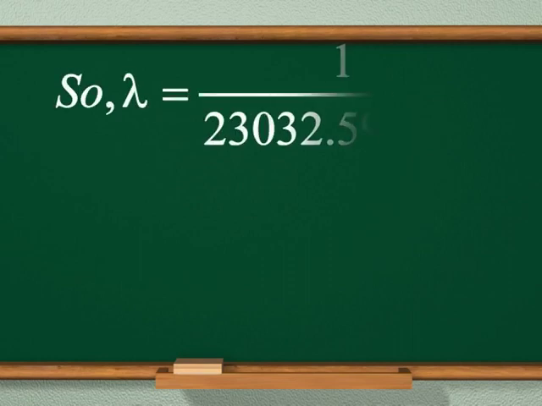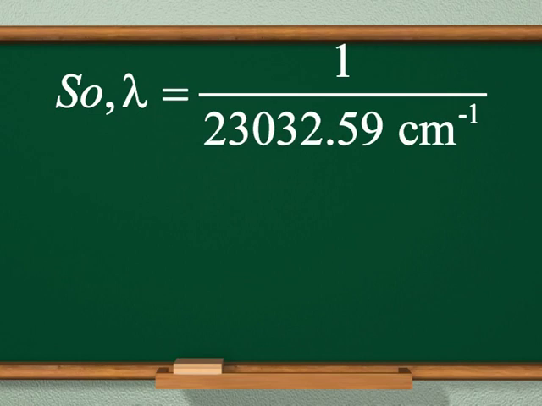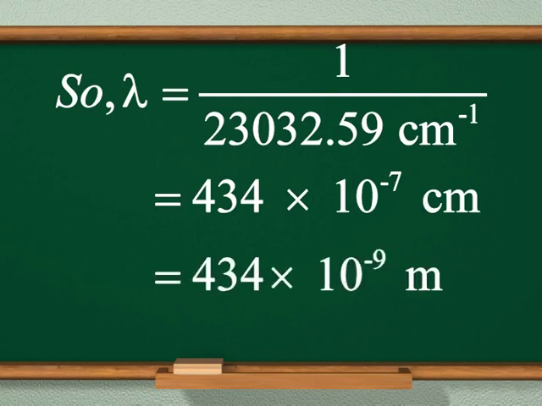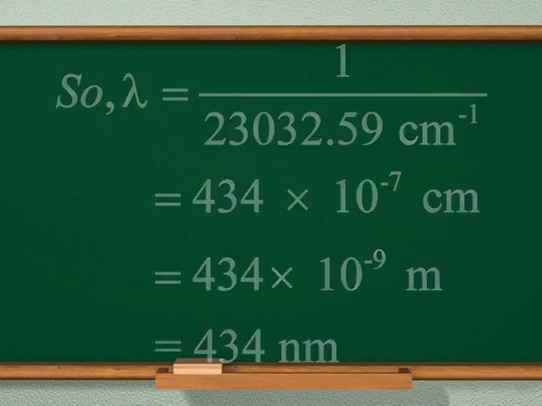So, lambda is equal to 1 upon 23,032.59 centimeter inverse. It is equal to 434 into 10 raised to the power minus 7 centimeter, which is equal to 434 into 10 raised to the power minus 9 meters. It is equal to 434 nanometers.